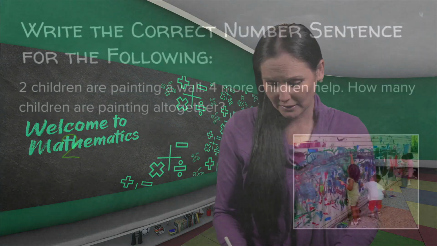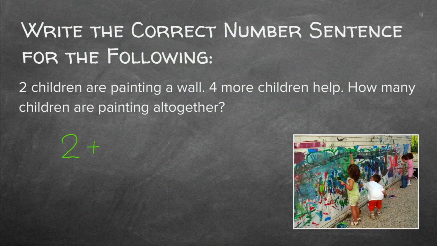Yes, that's correct. It is plus. So the symbol we are using in this number sentence is the addition symbol. Plus 4 more children. So the number sentence will be 2 plus 4 equals. And you can just put a line there to know that we still have to calculate the answer.